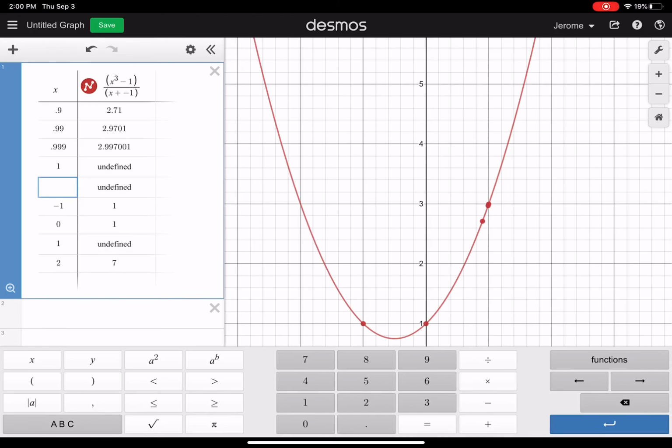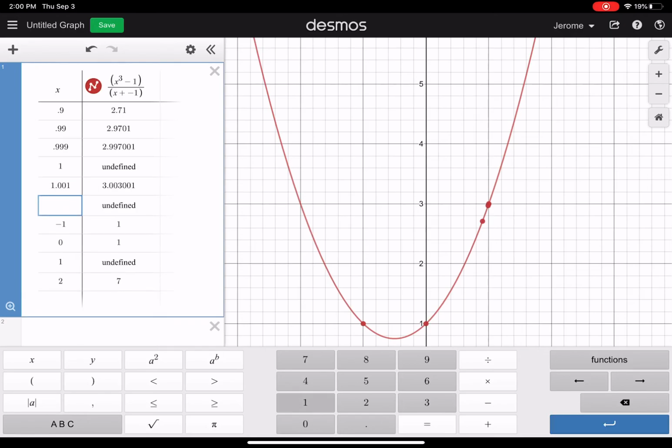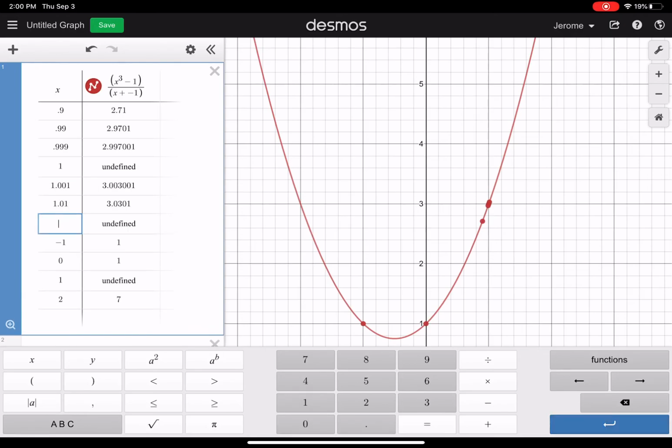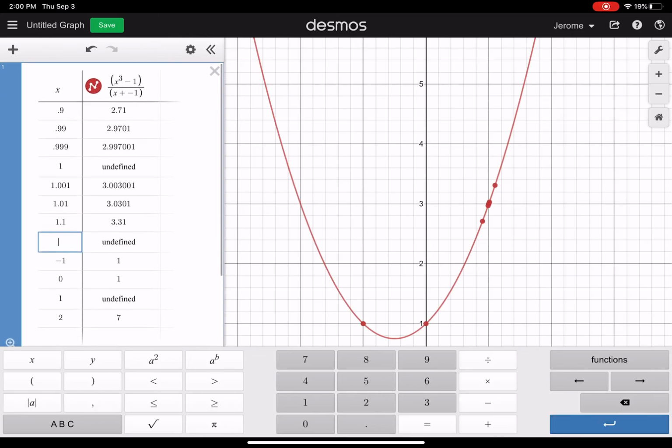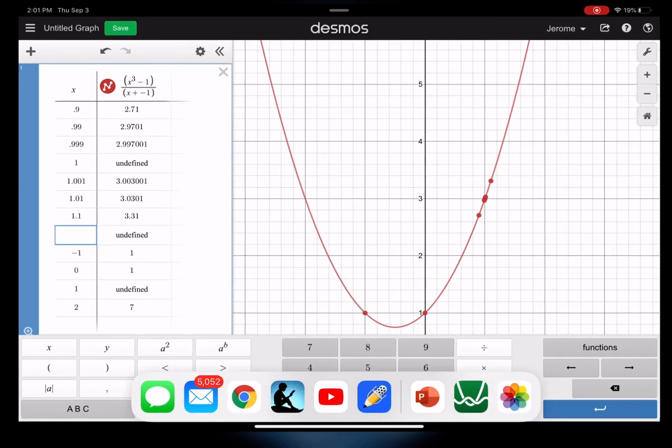And now start building something that's a little bit bigger than that. 1.001, 1.01, and 1.1. And that should be enough. And so now look at the table that we have here. It seems pretty clear that as we approach 1 from either side, the y values are approaching 3. So it's more evidence to suggest that our limit value is 3.